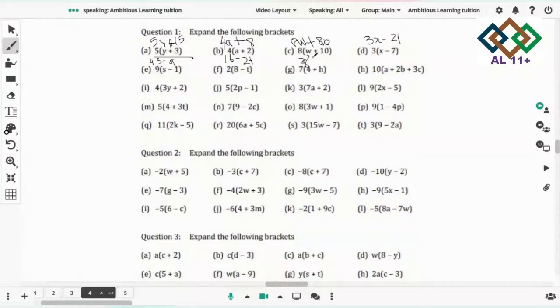That's 28 plus 7h. Your h has big brackets now, but don't worry, if the brackets are big, you are clever, you can do it. So it'll be 10a plus 20b plus 30c.